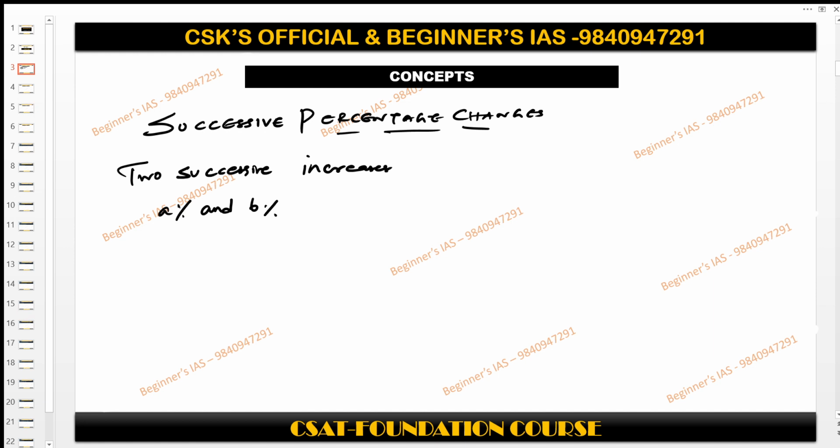If it is given as a decrease, you need to take it as a negative sign. Increase means you need to take it as a positive sign. Then they will ask you to find the net effect, or the total percentage increase or total percentage decrease, or the percentage change. Like this they will ask you a question.